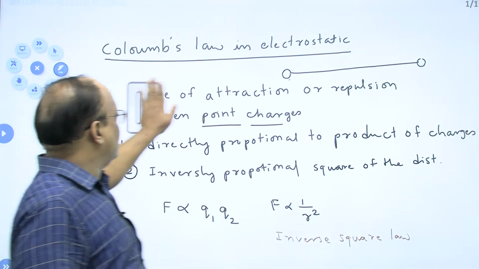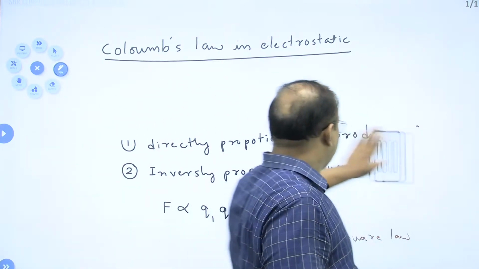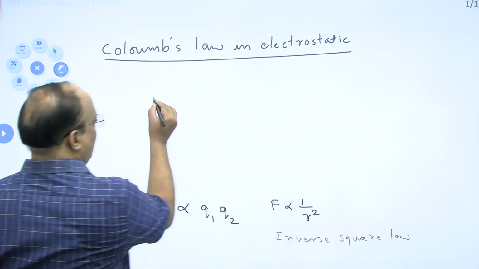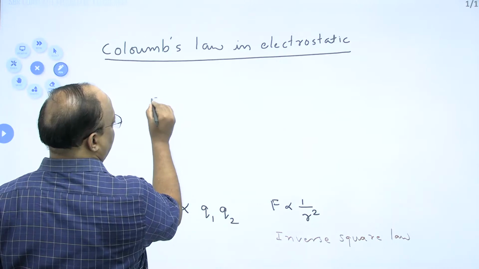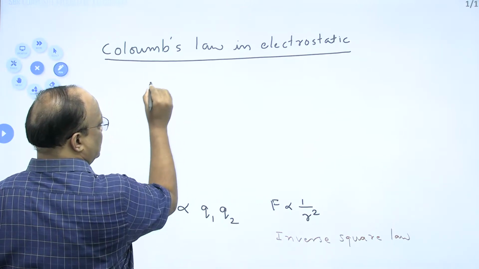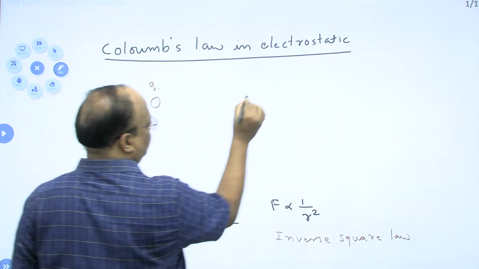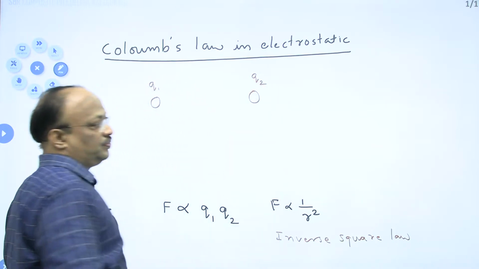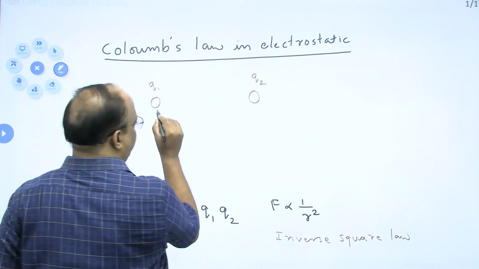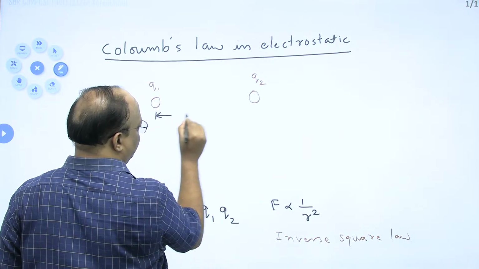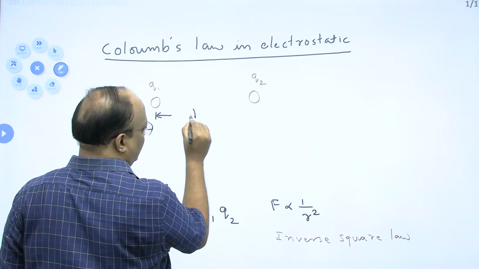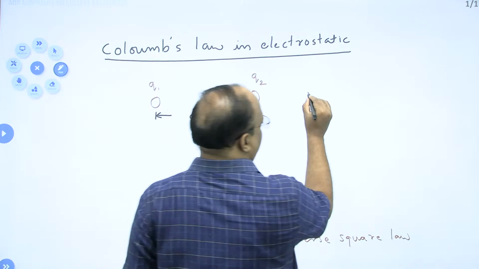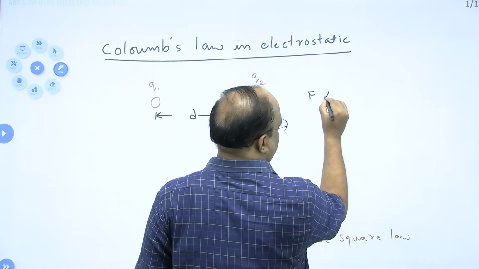Now, when we combine these two: this is one charge, charge Q1. This is the other charge, charge Q2. They are separated by a distance d. So what does Coulomb's law say?